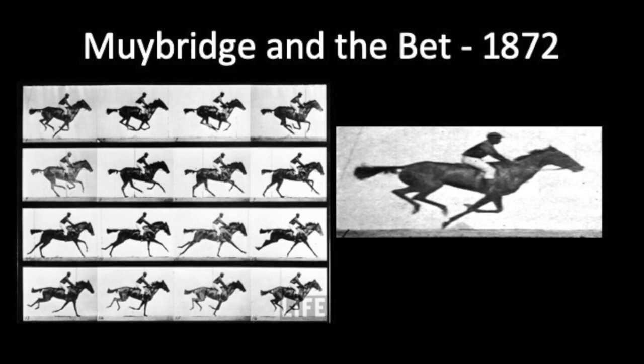He took the position that a horse took all 4 feet off the ground as it was running, and the other person said that it didn't happen. So Edward Muybridge set up a series of still cameras and took an image as it ran past, and therefore when they were put together, it gave the illusion of a moving image.